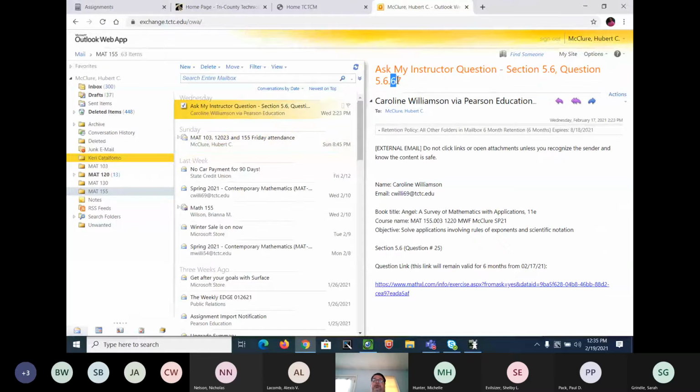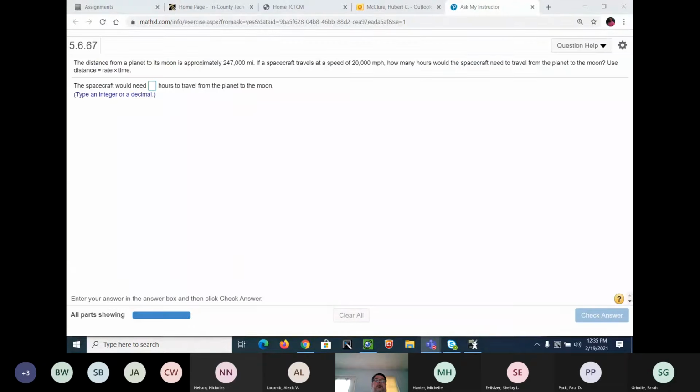This is 5.6, number 67 in the book, similar, and number 25 online. First of all, is it a test question? Yes. We also went over this one Wednesday. I drew a picture of a planet and a moon, and the distance between the planet and the moon is 247,000 miles.